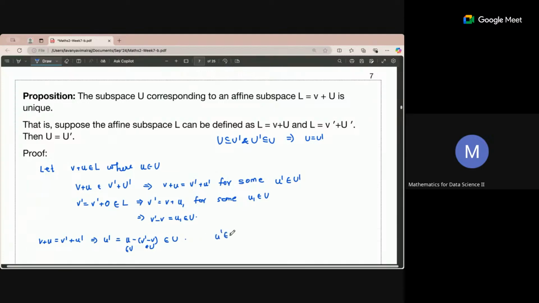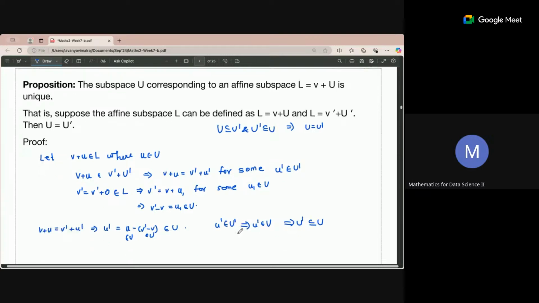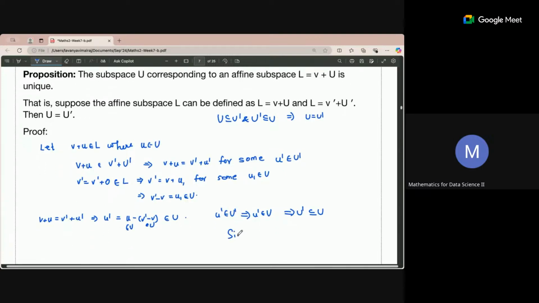U dash is a subset of U. The same procedure, you can just replace the positions of U and U dash and try the same proof, and you can similarly obtain U is a subset of U dash. So you know that U and U dash are same.